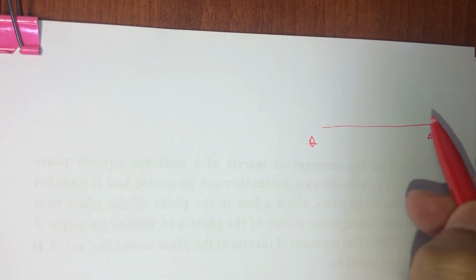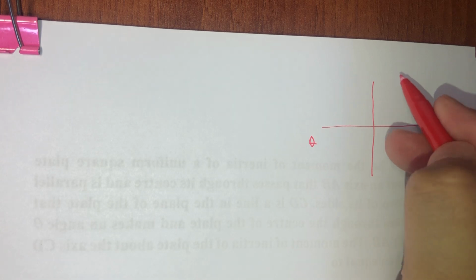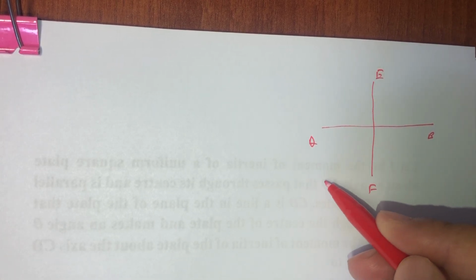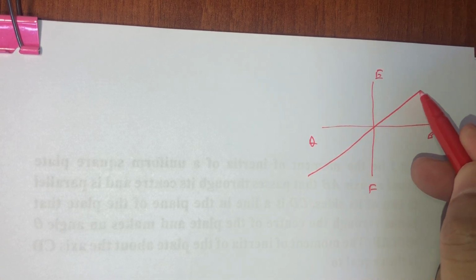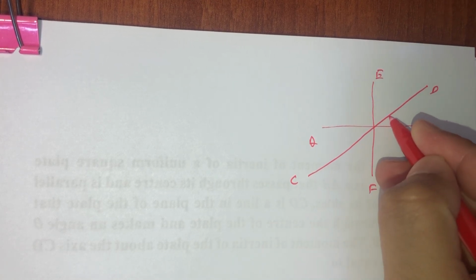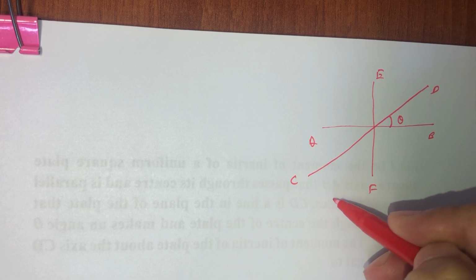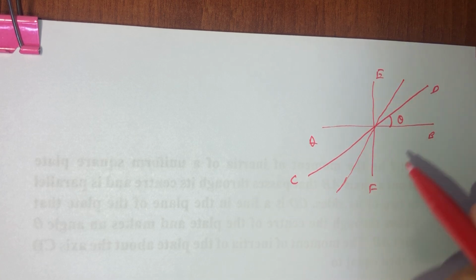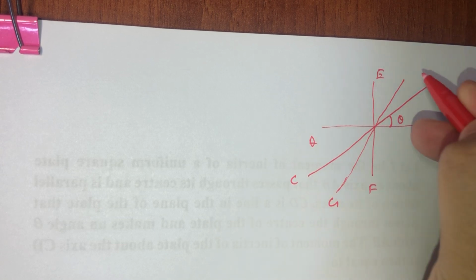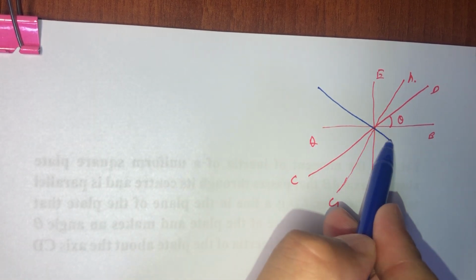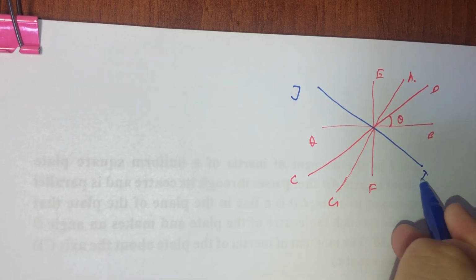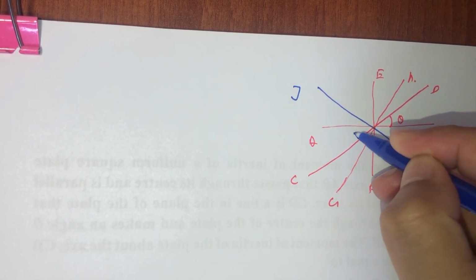So now we have this as our AB, this as EF, and we have a CD making the angle of theta, and we constructed the axis GH, and here we constructed another axis JI, which is perpendicular to CD.